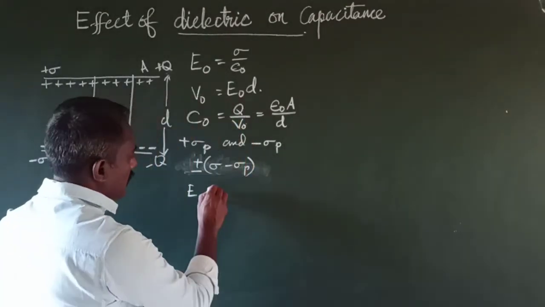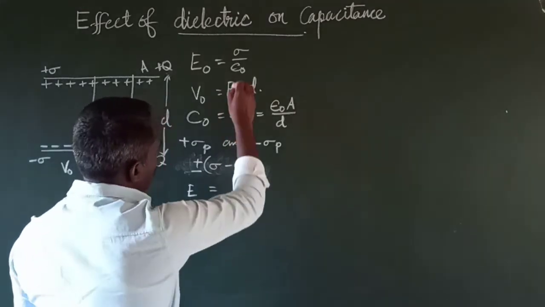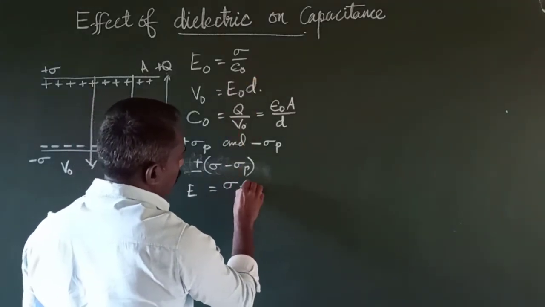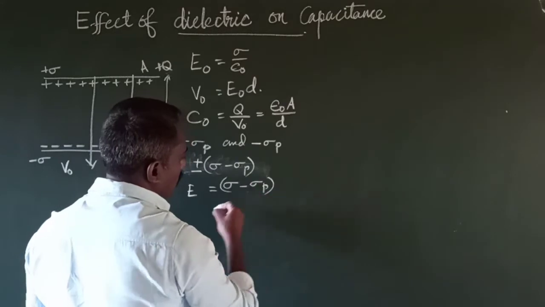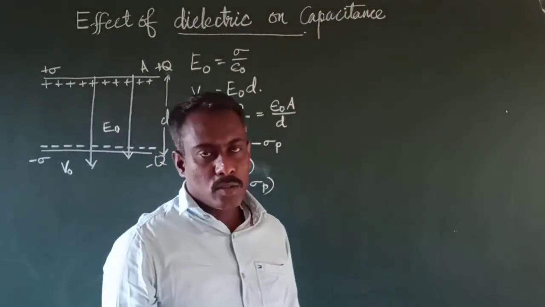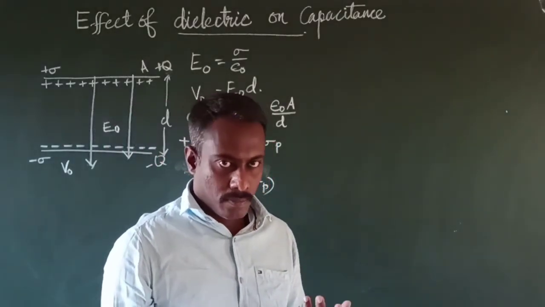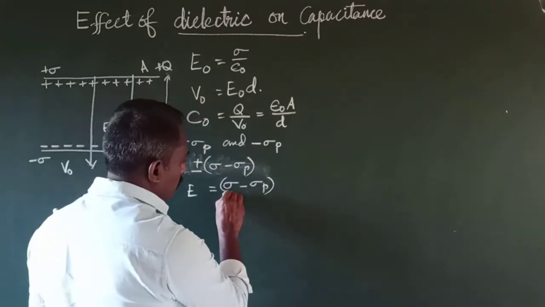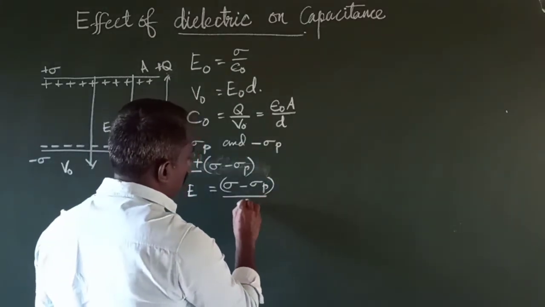So E can be rewritten as the net electric field produced. Instead of sigma we will write sigma minus sigma p, the surface charge density of the polarized dielectric, divided by epsilon 0.